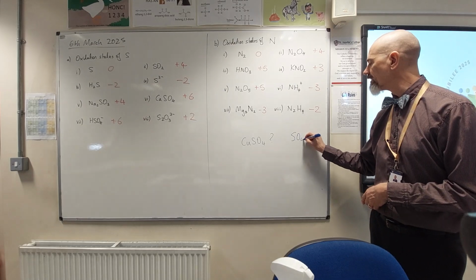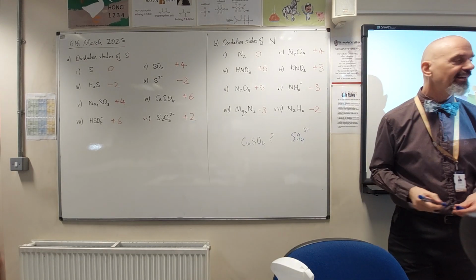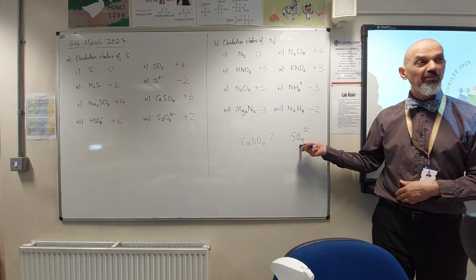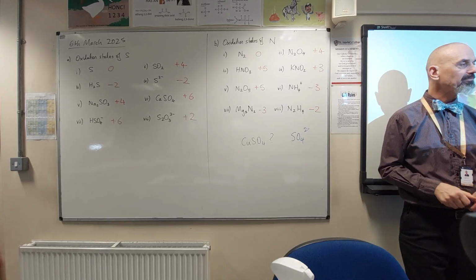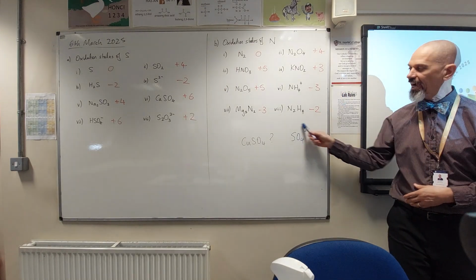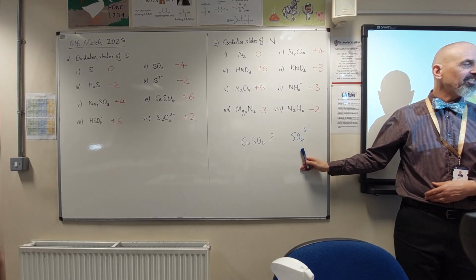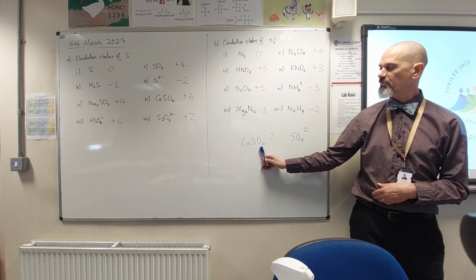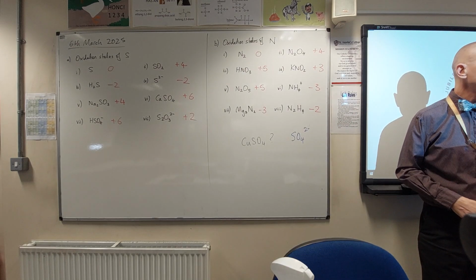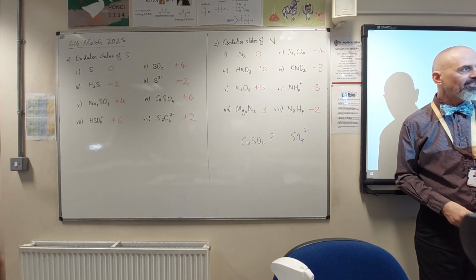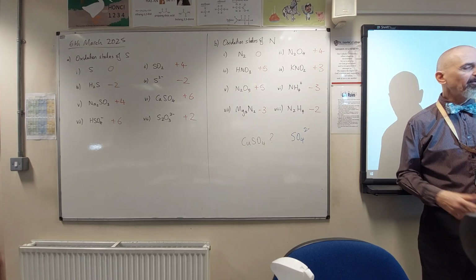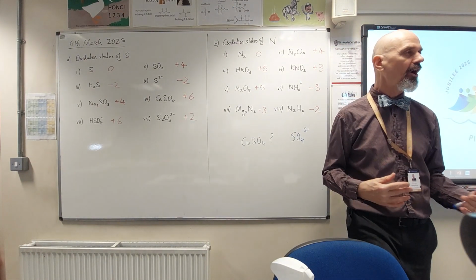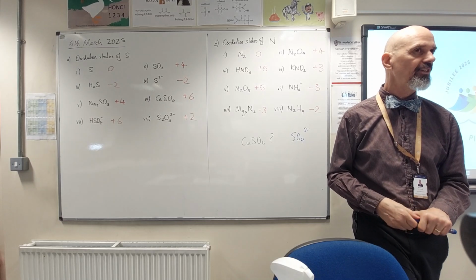You know that there is an ion out there called the sulfate ion, and the sulfate ion has a formula of SO4 and a charge of -2. So from that, you can work out the oxidation state of sulfur. And then knowing that the sulfate ion is -2, you can work out the charge and therefore the oxidation state of the copper. So you're not completely pinned down to the 7 rules. You've got a bit of chemical intuition you can use as well.